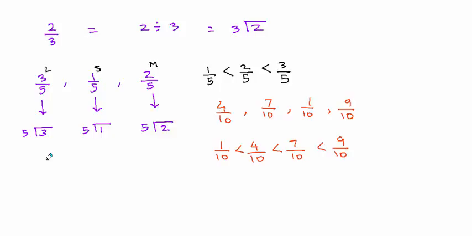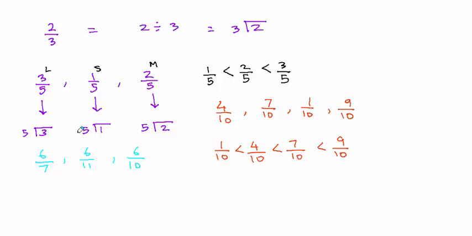And then how do we compare fractions with the same numerator? For example, 6/7, 6/11 and 6/10. Which is the smallest of these three, or which is the largest? Look at these fractions. This time they have the same numerator, which means they have the same dividend.